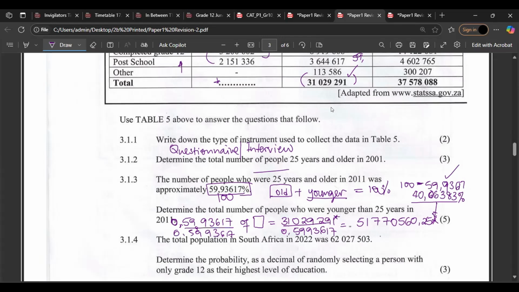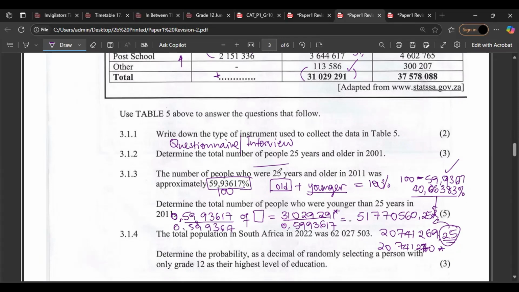So the population here, the answer is supposed to be younger. They are 20,741,269. Comma 25, but we're looking at people, we can't have a comma. So we just make this a whole number and it comes here. So this is your final answer. It's not that confusing, but I know for some people they will complain.